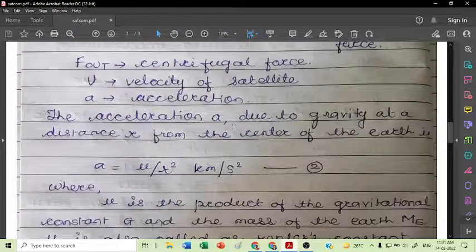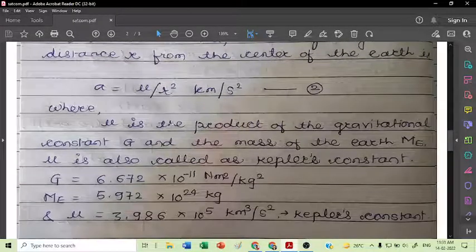Now the acceleration a due to gravity at a distance r from the center of earth is a = mu upon r square kilometer per second square, where mu is the product of the gravitational constant G and the mass of the earth Me, and this product is called Kepler's constant.